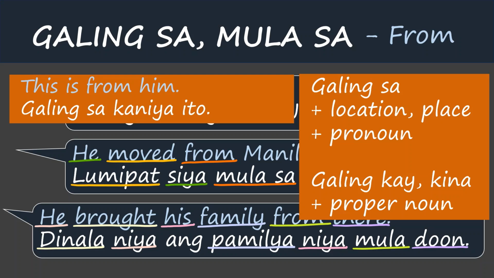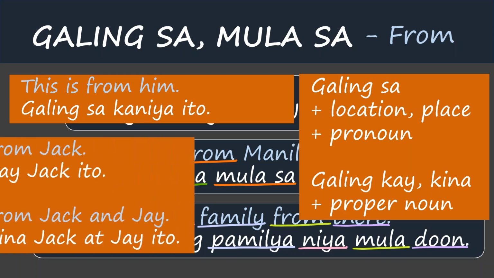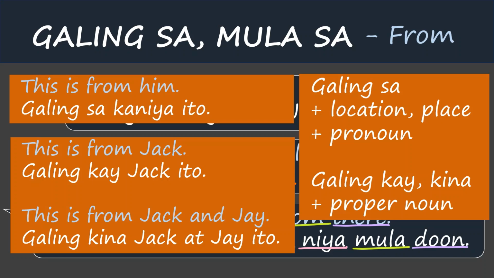The next rule is that if it is followed by a proper noun, we say galing kay or galing kina. Here are some examples. This is from Jack. Galing kay Jack ito. So, Jack is a proper noun, a singular proper noun. So, we use the word kay, galing kay Jack.